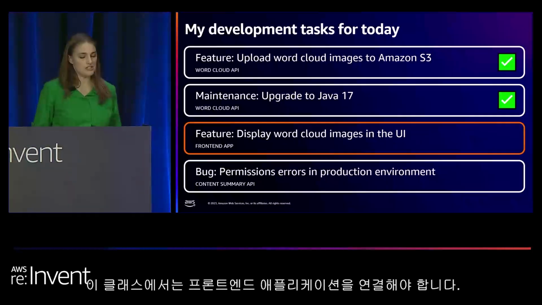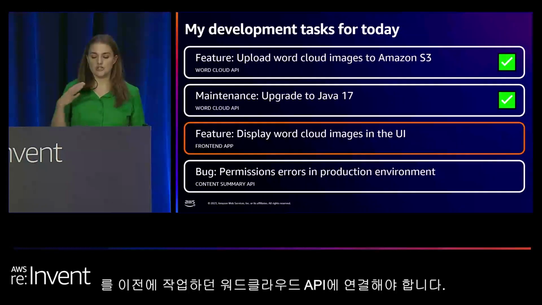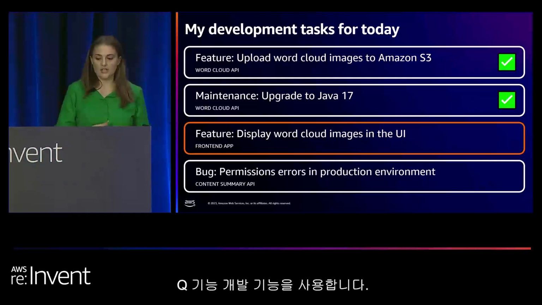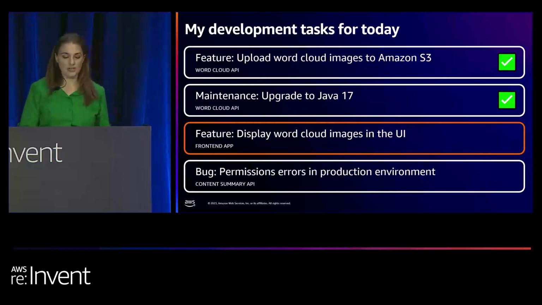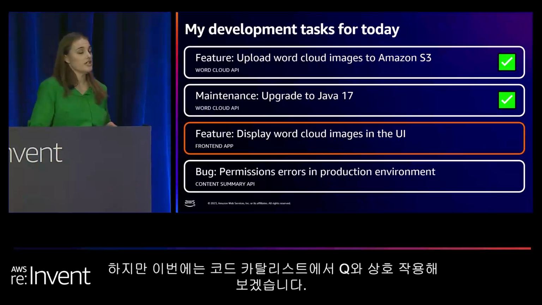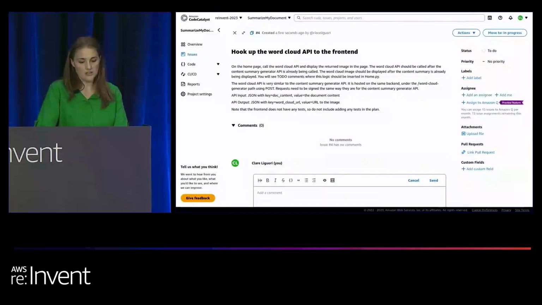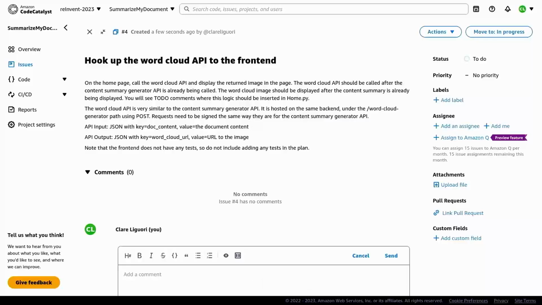So for this task, I need to hook up the front-end application to the word cloud API I was previously working on. And I'm going to, again, let Q complete most of this task for me using the Q feature development capability. But this time, I'm going to interact with Q in CodeCatalyst instead of in my IDE. So instead of through chat, I interact with Q through CodeCatalyst through issues and pull requests.